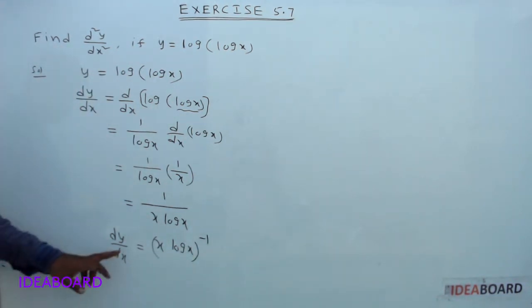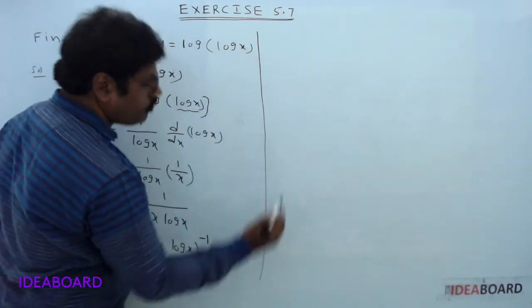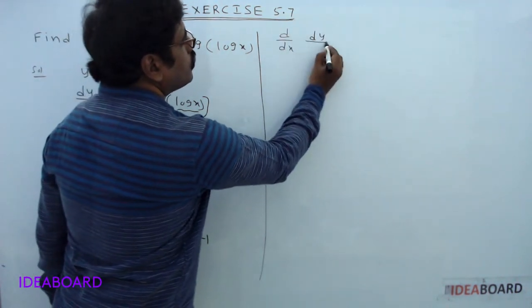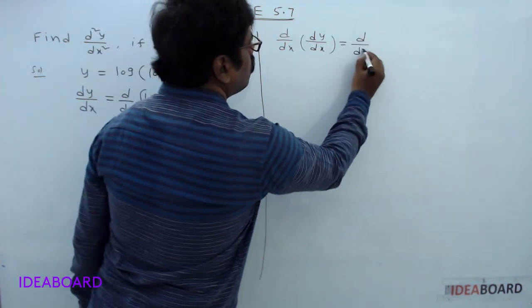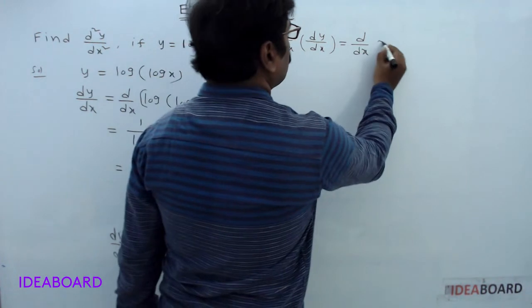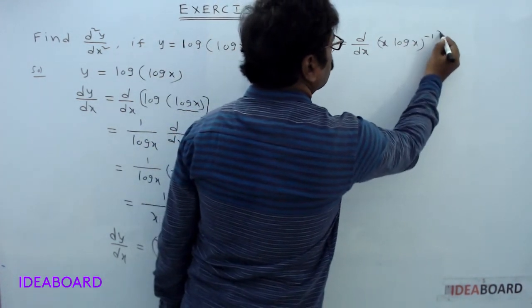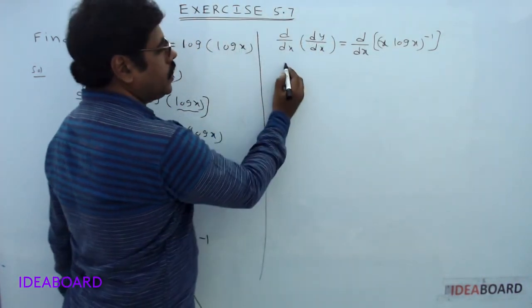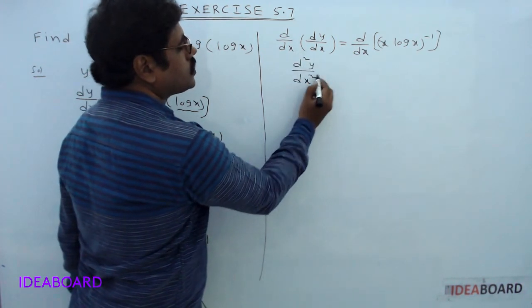Now again differentiate this equation on both sides with respect to x, that is d by dx of dy by dx equals the derivative of (x log x) power minus 1. d by dx of dy by dx is the same as d square y by dx square.